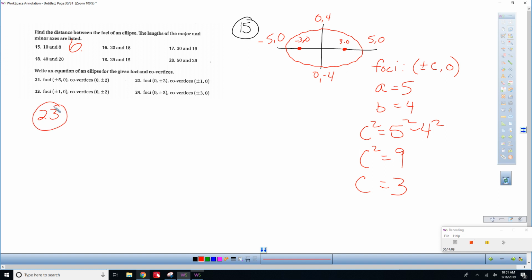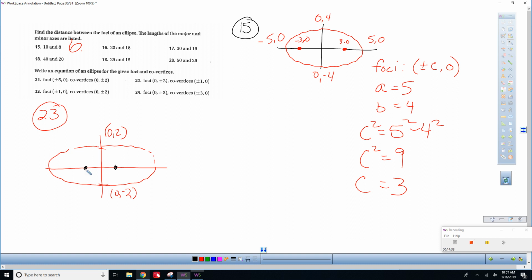So the co-vertices are 0. Okay, so this is going to be a horizontal one. So we know that our foci are at 1, 0 and negative 1, 0.